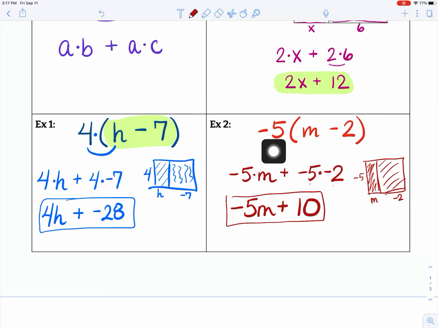In this other problem, I have a negative 5, right? And then I've got an m and then a minus 2. So we've got a lot of negatives happening here. But when we think about it, the negative 5 and the m, when they multiply, I'm still getting a negative result. But here I've got a negative 5, and I'm going to be multiplying it by that negative 2. It kind of explains why this 10 is totally positive.